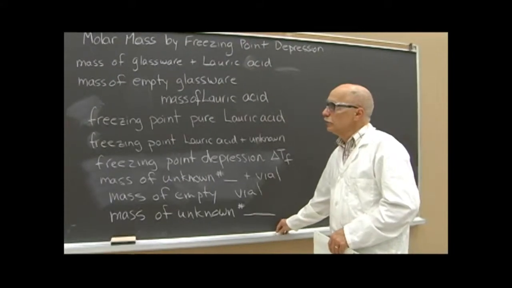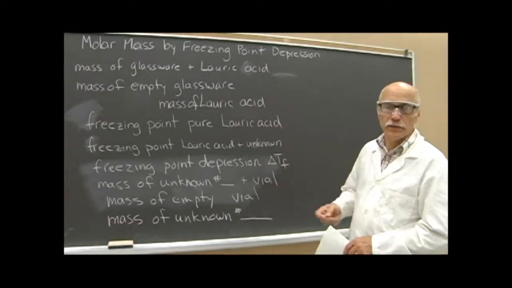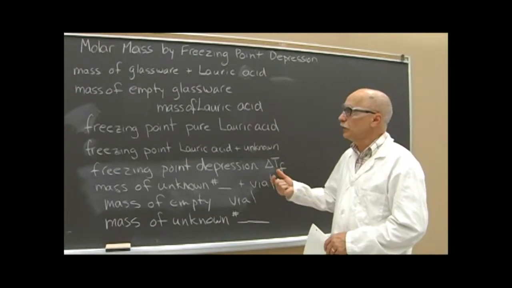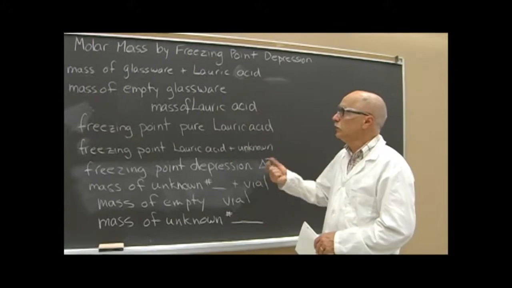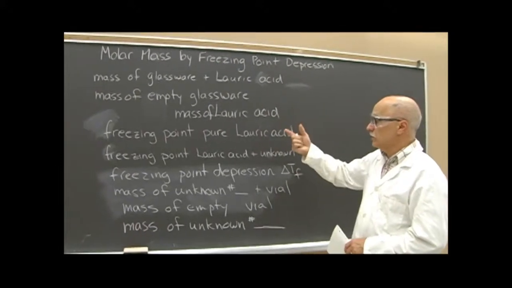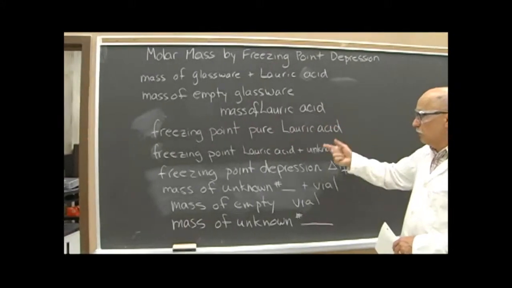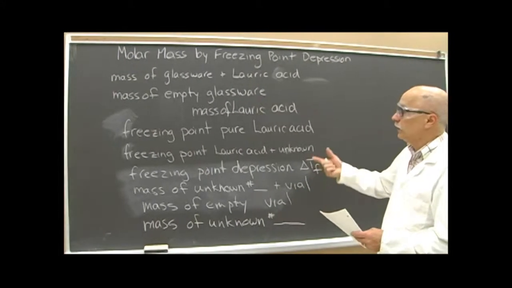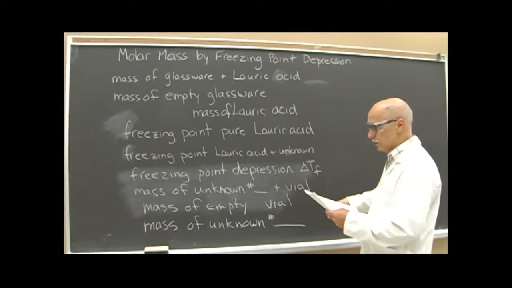So here's an example of the chart that you would be preparing for the lab on your two-part form. So you put a heading, the mass of the different equipment that you need, the freezing point. So I could go ahead and fill it out for you here.